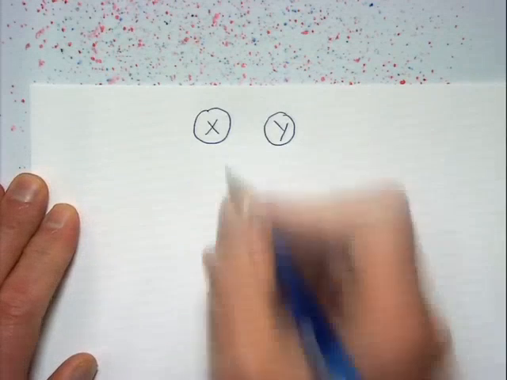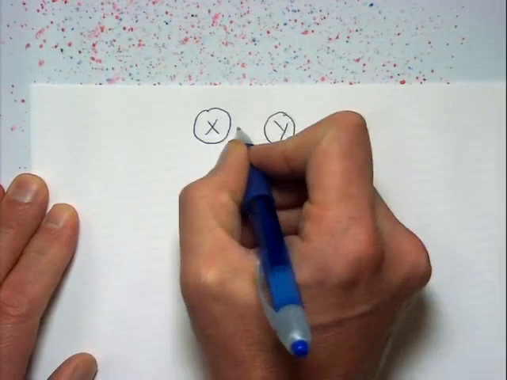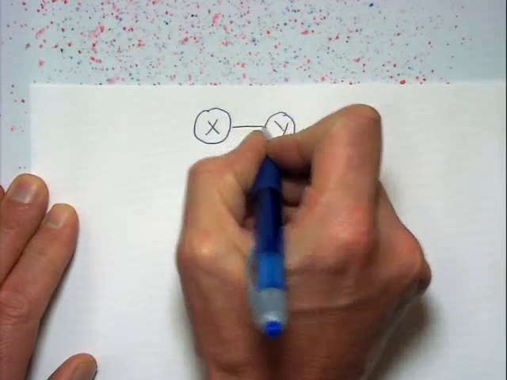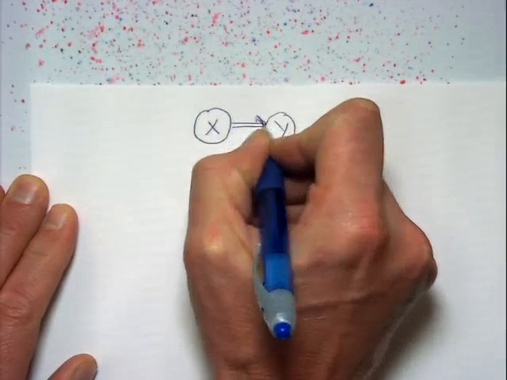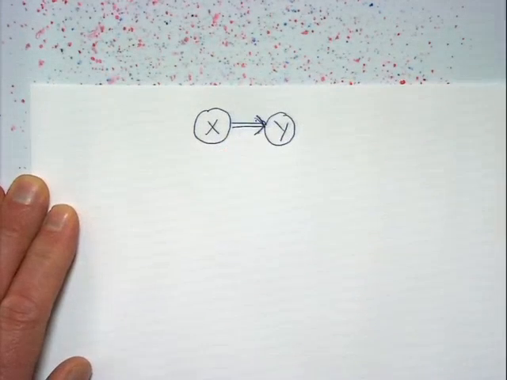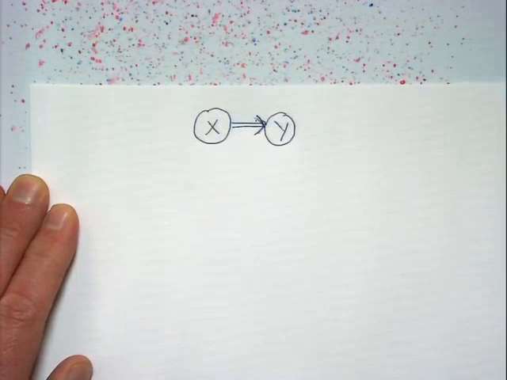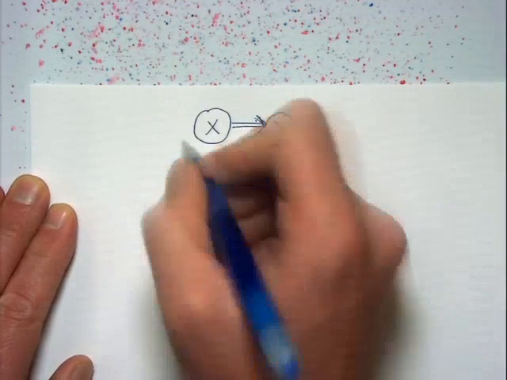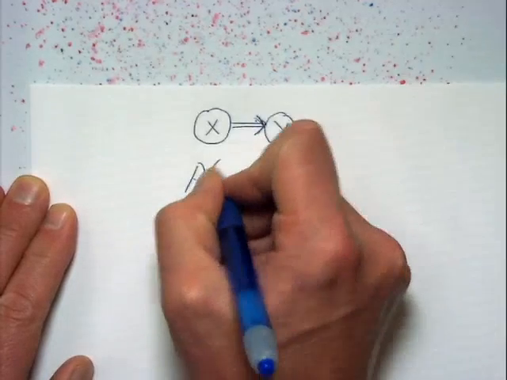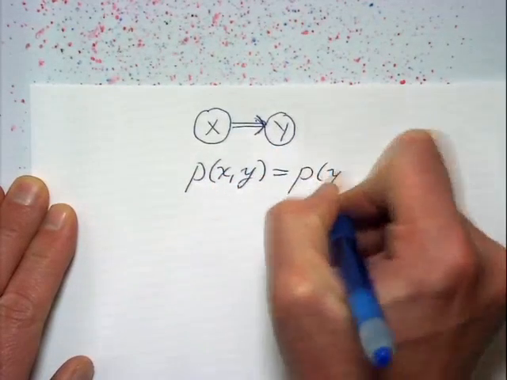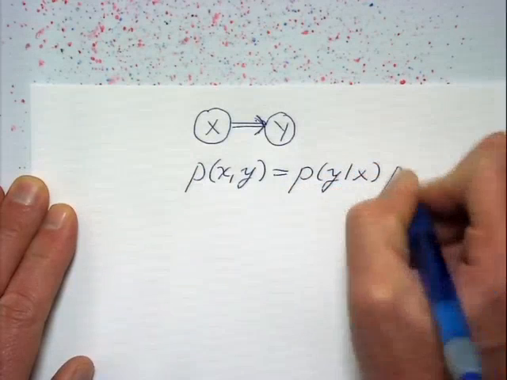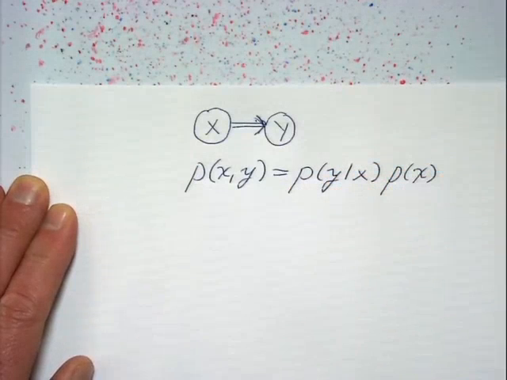But the thing is that probability kind of gives you this feeling of causality, but in fact it's really an illusion. You have the joint probability of x and y, and that's the probability of y given x times the probability of x.